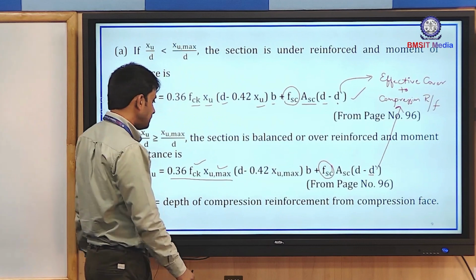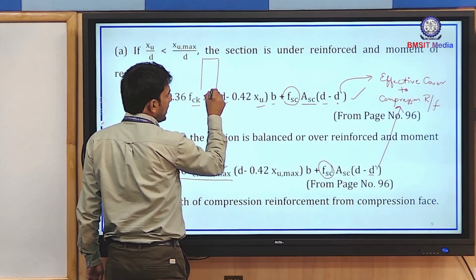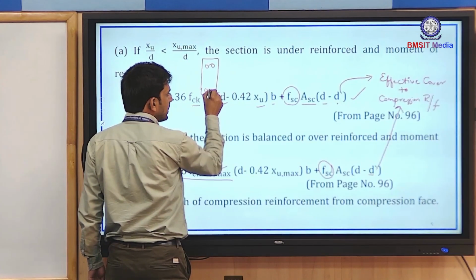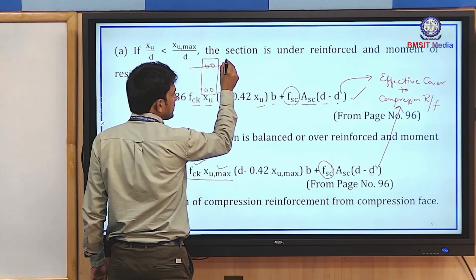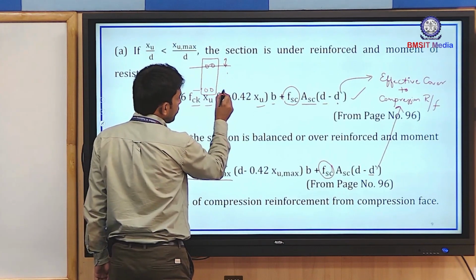Now you have to take care of this thing: when we are providing a doubly reinforced beam, we have compression reinforcement here and tension reinforcement here. In that case, the effective cover is up to this, and this is the compression reinforcement, and this is also the effective cover.